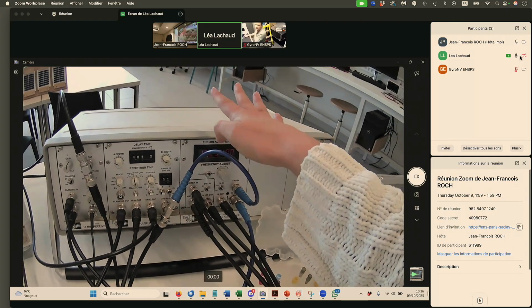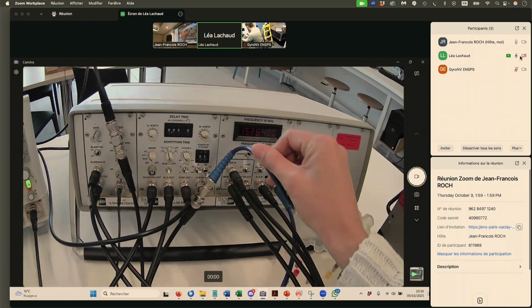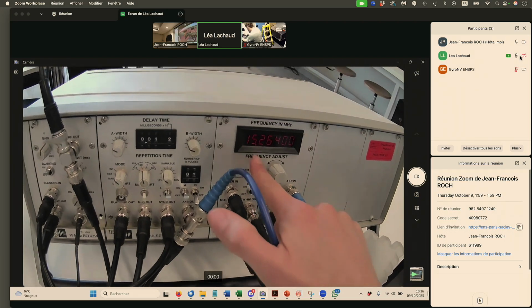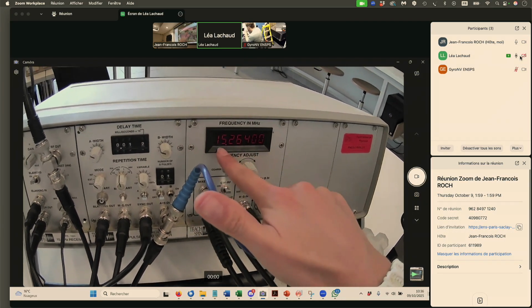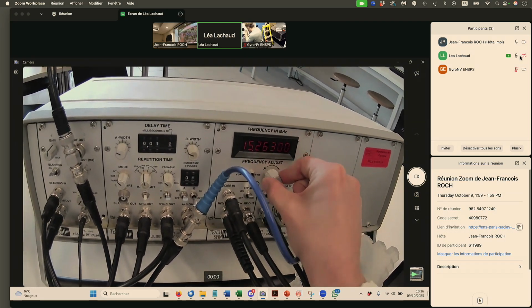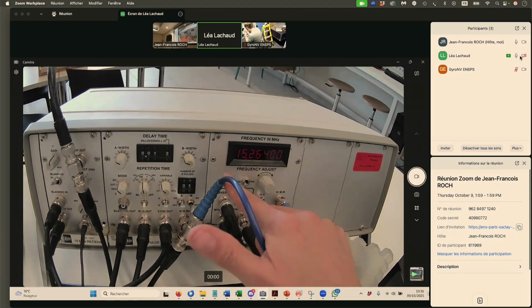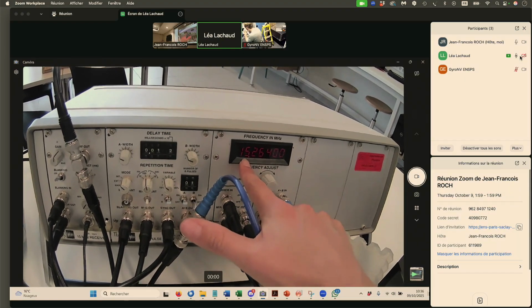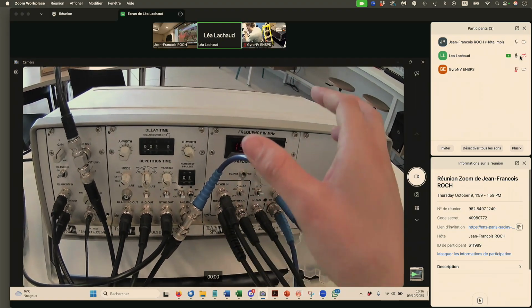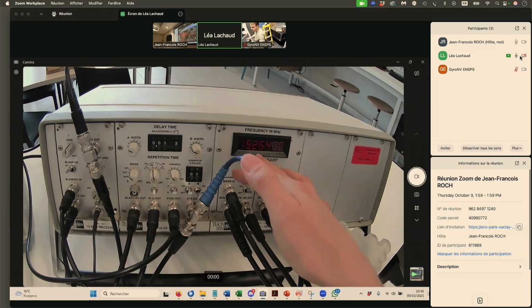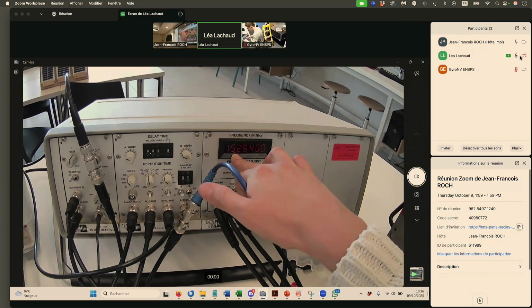So you have a radio frequency, which is generated inside this block at a controllable frequency, which I can adjust manually. Here we have 15 megahertz. So this block generates a radio frequency wave at 15 megahertz.